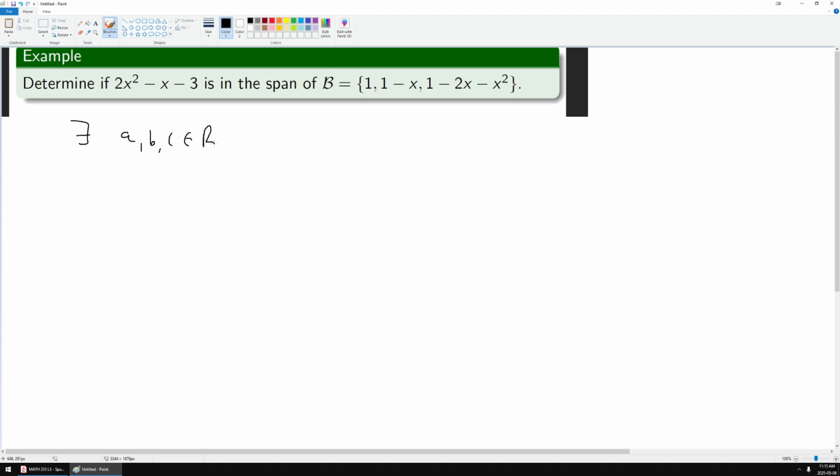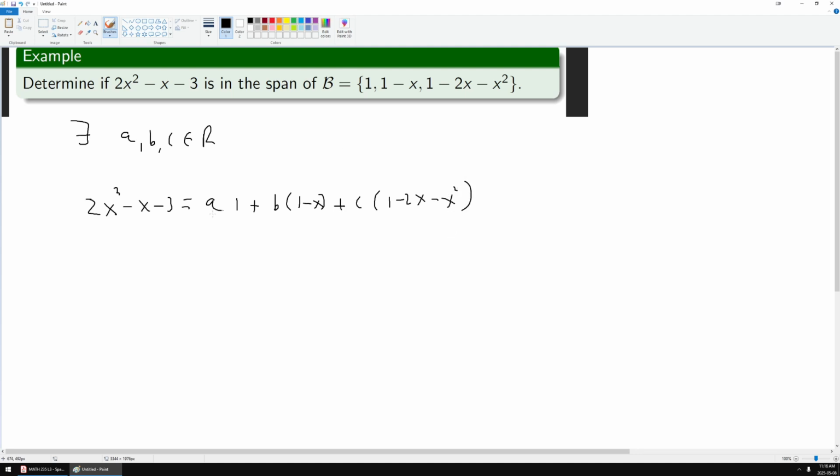In this case, since the coefficients are real, we're going to use real scalars. Determine if there are A, B, and C such that the first vector, 2x squared minus x minus 3, is equal to a linear combination of the next ones: B times 1 minus x, plus C times 1 minus 2x minus x squared.